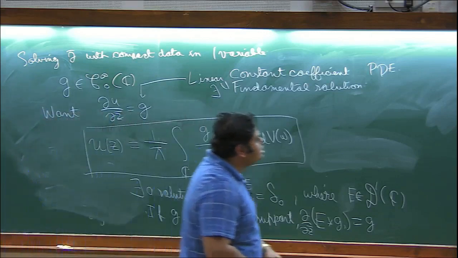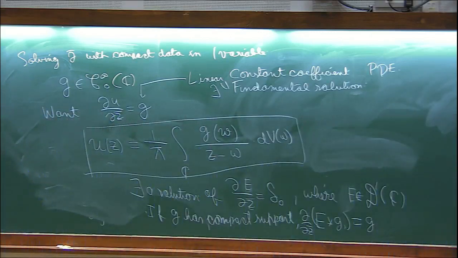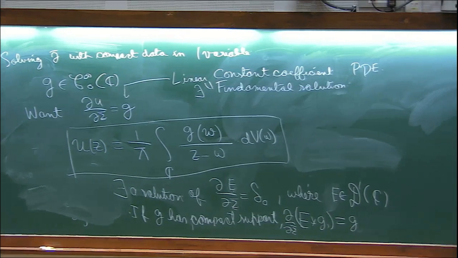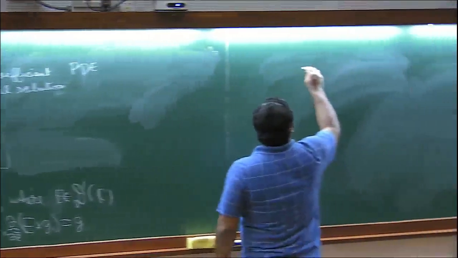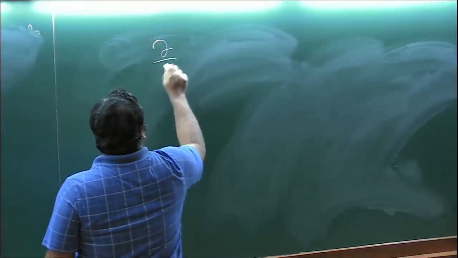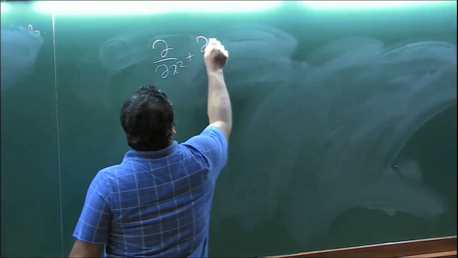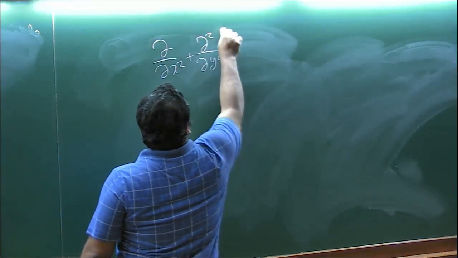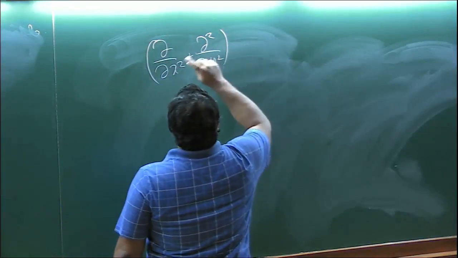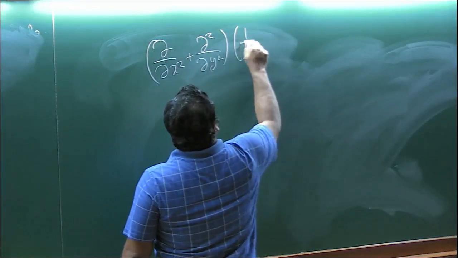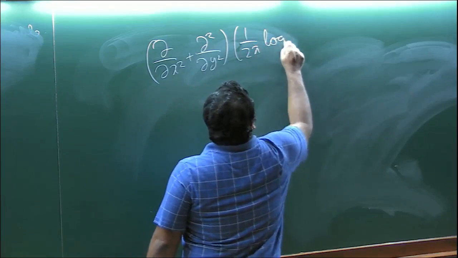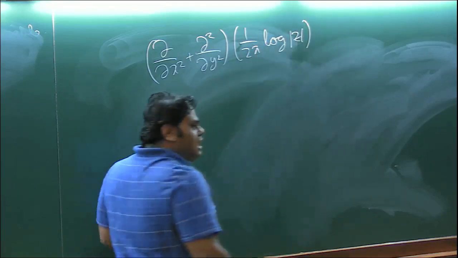So what is this fundamental solution here? Actually, it is quite easy to find. Let us begin from the fact that the fundamental solution of the Laplacian in two variables, by Laplacian I mean Laplacian as meant by Laplace himself, is 1 over 2 pi log absolute value z.